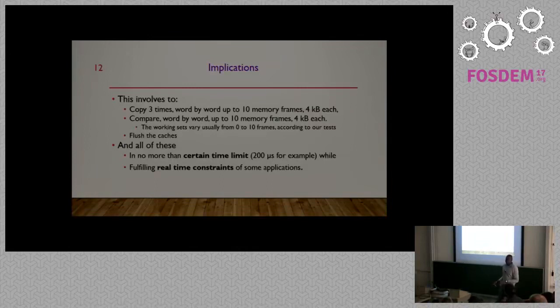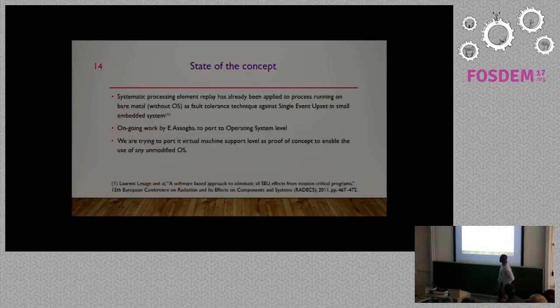So we have to do all this comparison in the time limit that we must not exceed. And we must also make the operating system respect its service constraints about applications. So there is a lot of work to do in the kernel, but the real-time constraints must also be met.